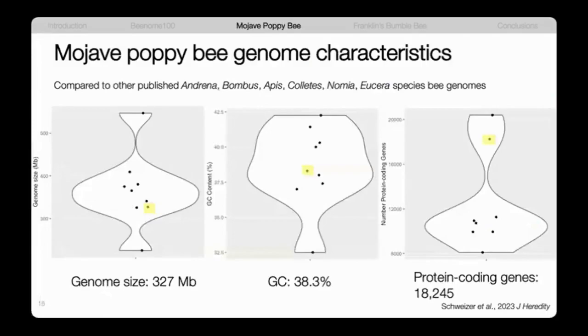We compared aspects of the Mojave poppy genome to those of other published bee genomes. You can see the genera of them written at the top of the slide. The genome size and GC content fall within the values of those of published genomes. The number of protein coding genes, however, is at the high end for published genomes.